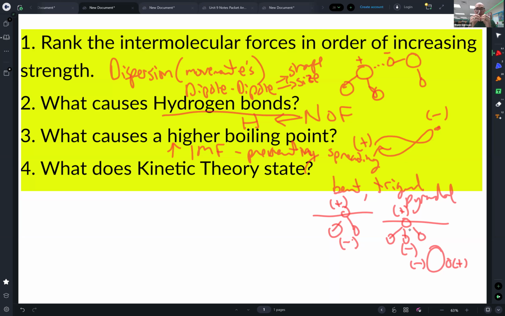So if you can't have an atom or a molecule that gets away from its counterpart, then the intermolecular forces are going to hold together and make sure that they don't get further apart. The further apart they are, the more likely you are going to turn into a gas. So intermolecular forces are what cause the molecules to not be able to spread apart, which prevents them from becoming a gas, which means that you have to add more energy, resulting in a higher boiling point.